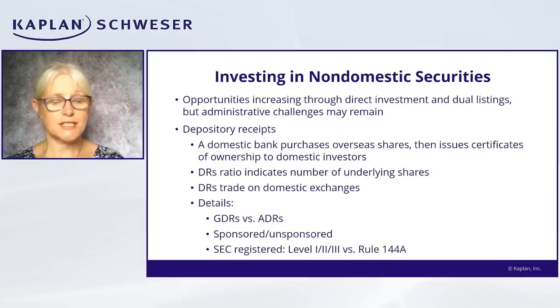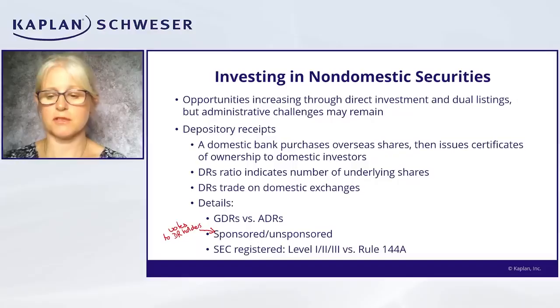So Selfridges, in the original case, if it's sponsored, then they've given the go-ahead to this. They're part of it. They know it's going on, and they will pass on the votes to the depository receipt holders.